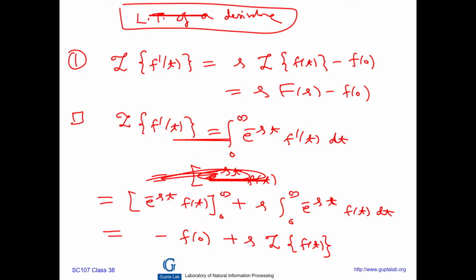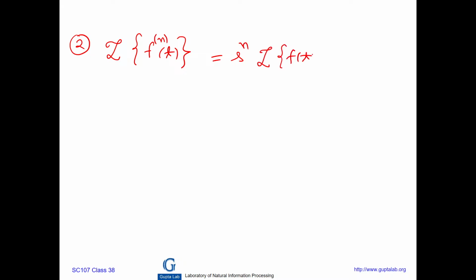So once we have this result with us, we can actually generalize this from first order derivative a bit further, which is the following: Laplace transformation of nth order derivative of f of t is s raised to power n times Laplace transformation of f of t minus s raised to power n minus 1 times f of 0, minus dot dot dot s raised to power n minus 2 f dash of 0, dot dot dot, finally minus the n minus 1th derivative at 0.